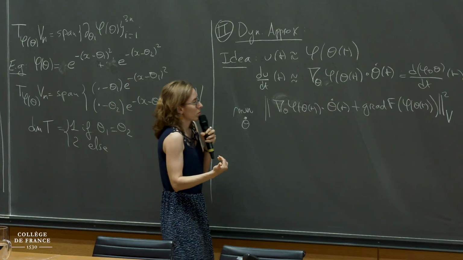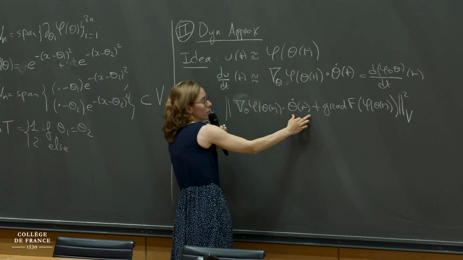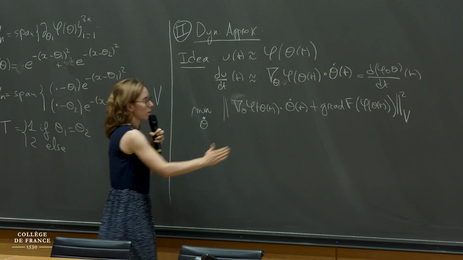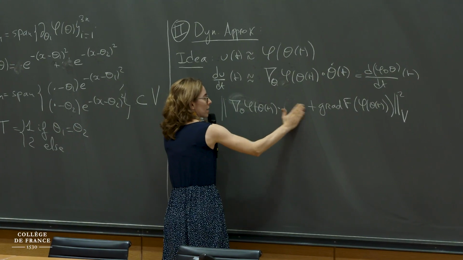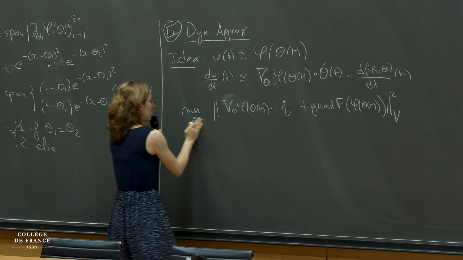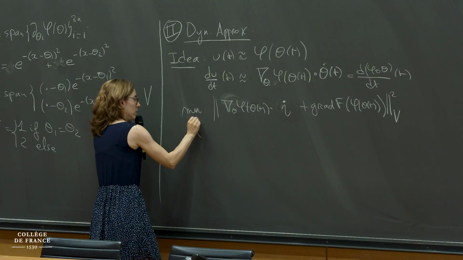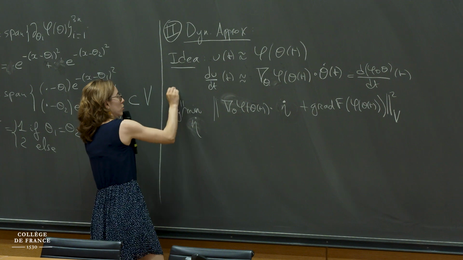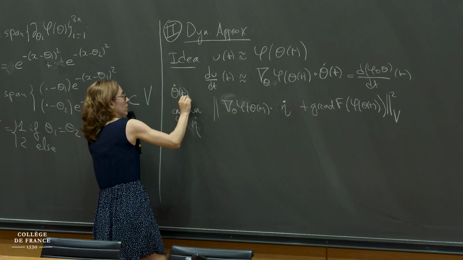So here, in fact, the unknown is going to be my velocity. So in order to reflect on this, I'm going to kind of change my notation and say, okay, this is my unknown, and I'm going to call it eta dot, and the one that minimizes is going to become my theta dot of t.